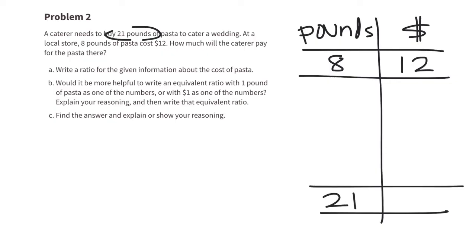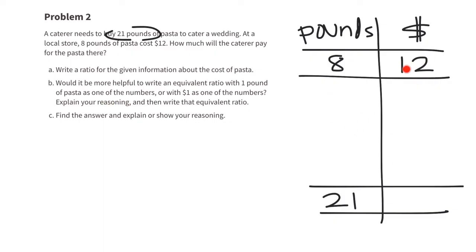So now we need to use some sort of recipe, some sort of multiple steps to turn the 8 into the 21. So what I often do, because it even gives us a clue, would it be more helpful to write an equivalent ratio with 1 pound of pasta as one of your values?